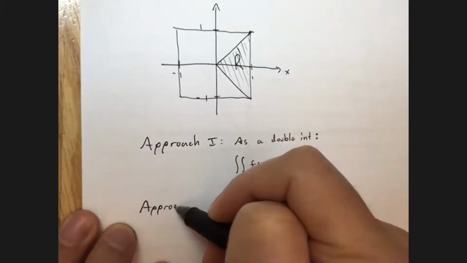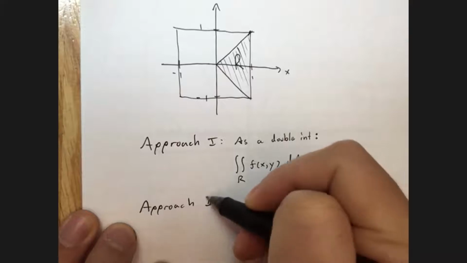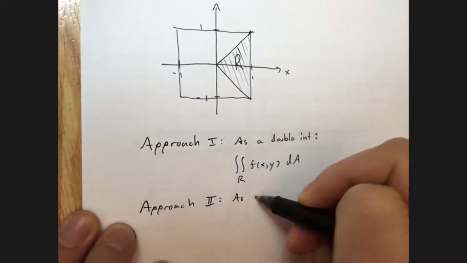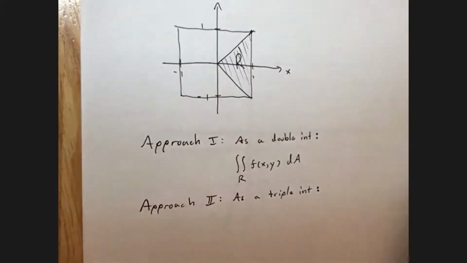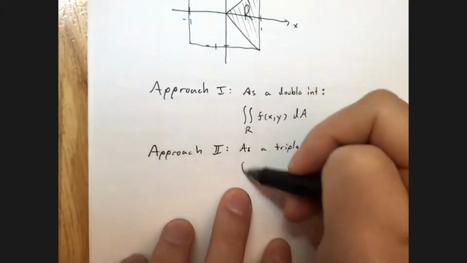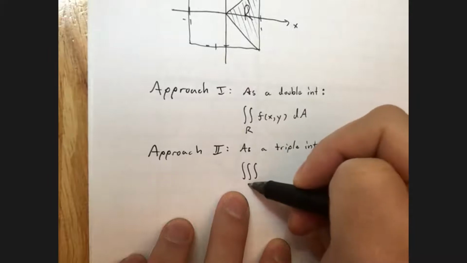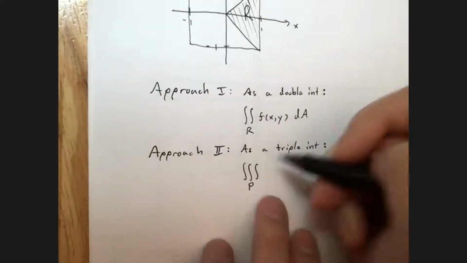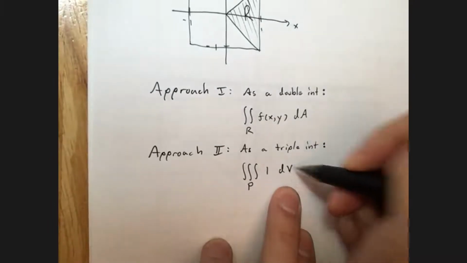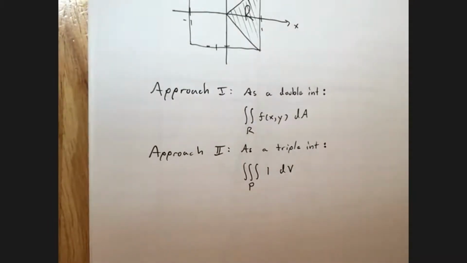Approach 2, and you'll see they're really the same, as a triple integral. Let's use P for pyramid, and triple integral over the entire pyramid of the function 1 dV. This is a different approach as a triple integral. And when you want to find the volume, you just integrate the function 1.